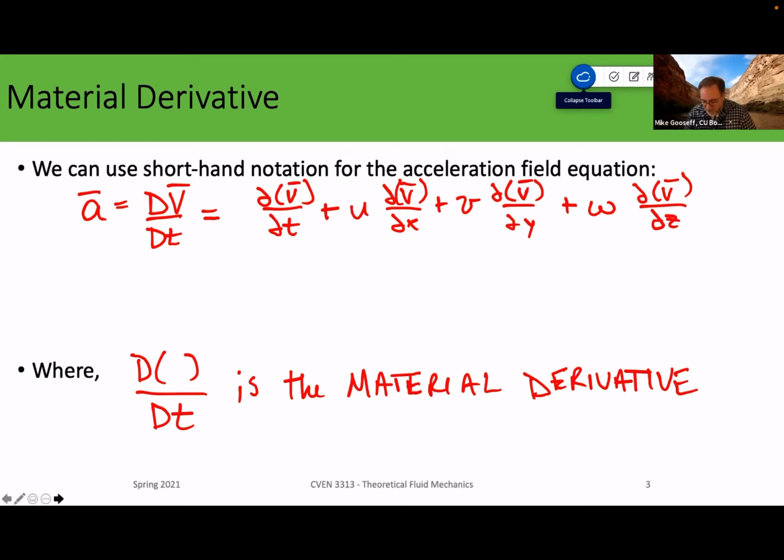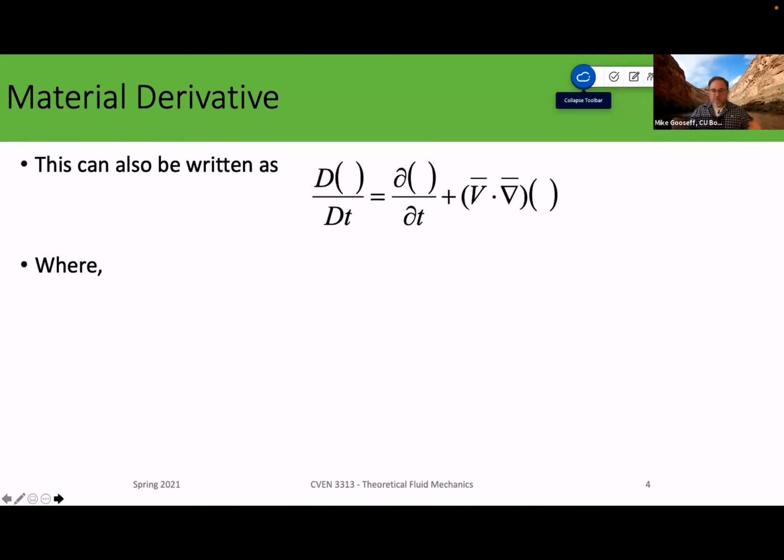Tuesday. Now, another way of writing this, if we're not just talking about acceleration, is to write this in a slightly different way where we do have a couple of generic things on the right-hand side. So the left-hand side remains capital D of whatever over Dt. So perhaps this could be velocity, it could be, again, temperature or heat content.